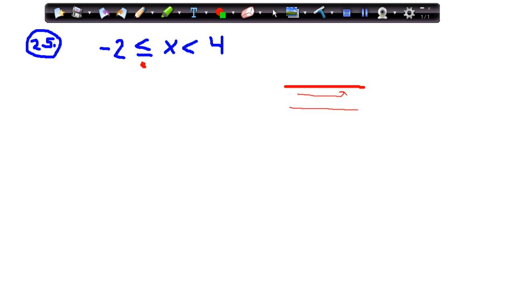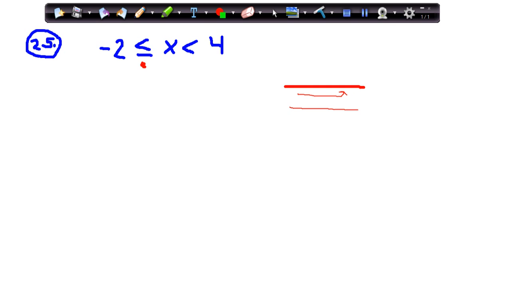However, notice that the line doesn't go all the way across to -2 and all the way across to less than 4. So that's out. Okay, let's look at C. C does show a 4 with a closed dot, and the problem shows less than 4. So 4 should not be a closed dot because 4 should not be included. It says less than 4. So C is out.